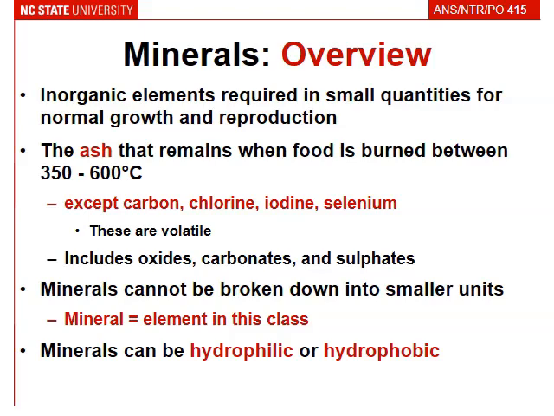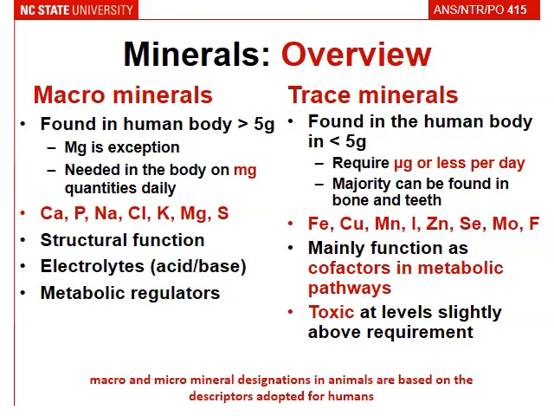Now we can also classify our minerals based off of the amount that they are within the body. So those that are found within the human body at greater than 5 grams is what we refer to as macrominerals. So these are all, in a 150-pound individual, a 70-kilo individual, going to be greater than 5 grams.